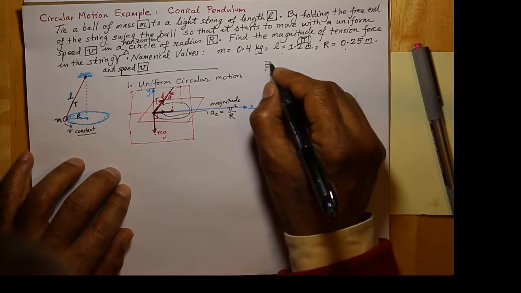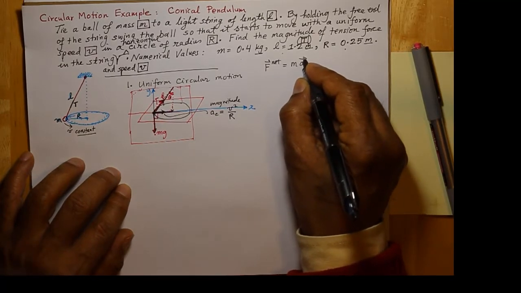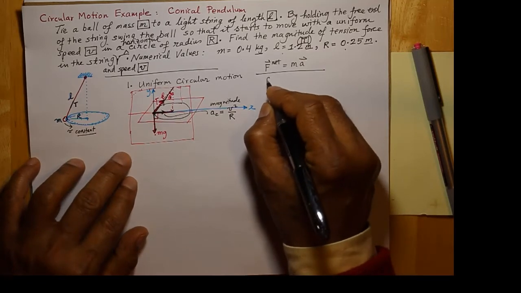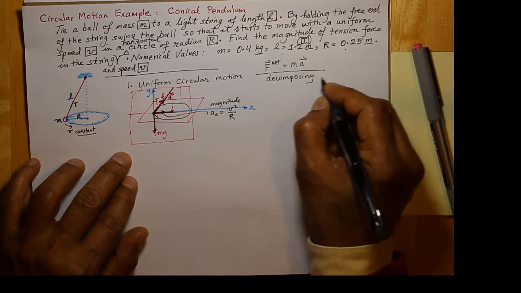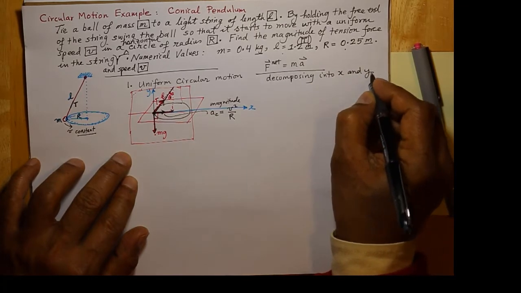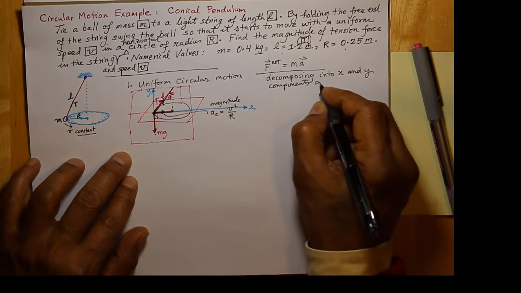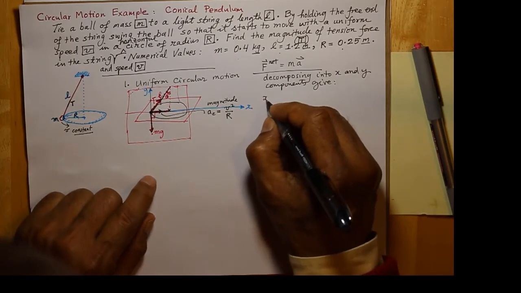So I have F net equals ma, decomposing into x and y components. Along the x components, what am I going to get?